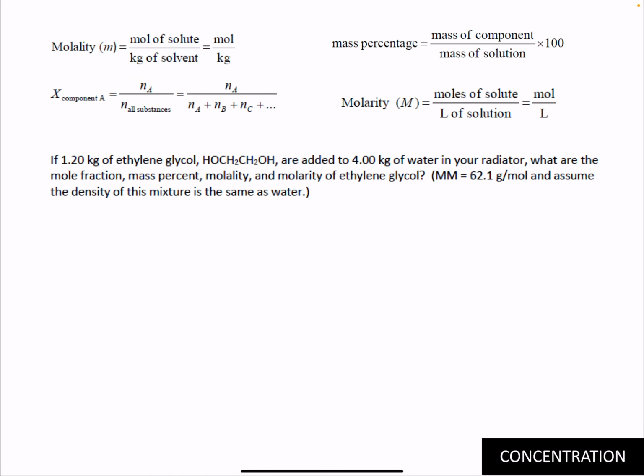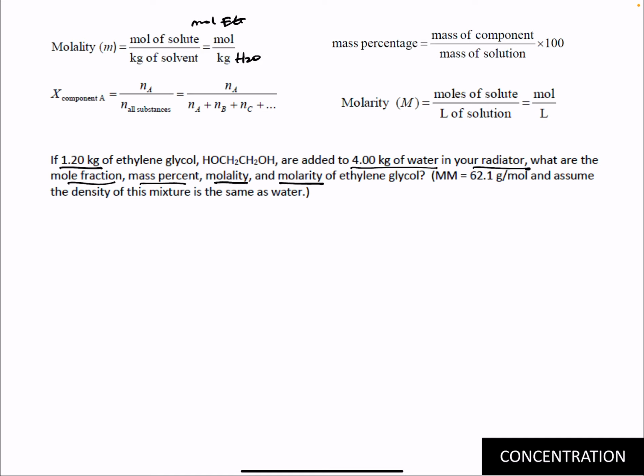All right, here is a fun one, doing a whole bunch of these conversions. We're going to look for mole fraction, mass percent, molality, and molarity of the ethylene glycol in your radiator. There's 1.2 kilograms of ethylene glycol added to 4 kilograms of water in the radiator. To calculate molality, I need the moles of ethylene glycol divided by the kilograms of water. I already know kilograms of water.